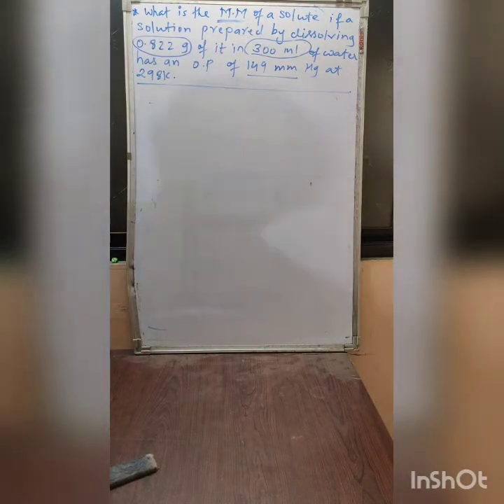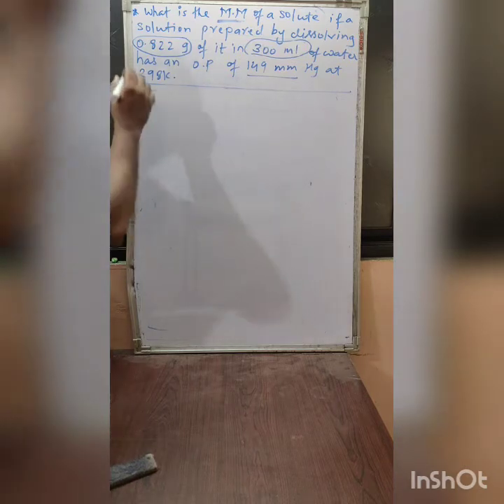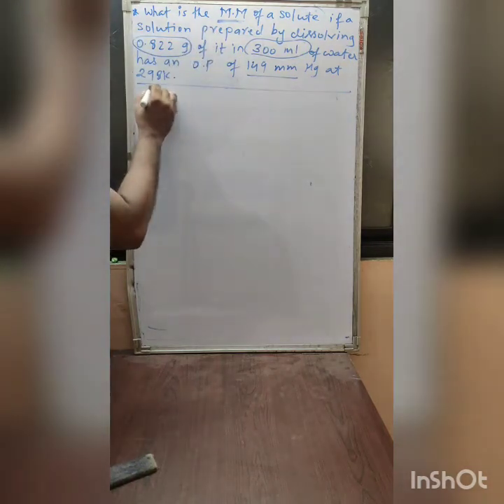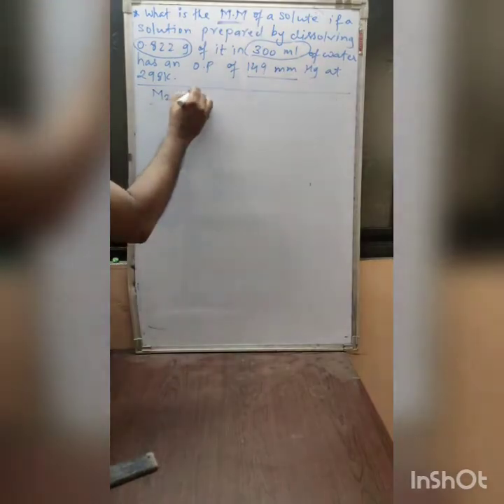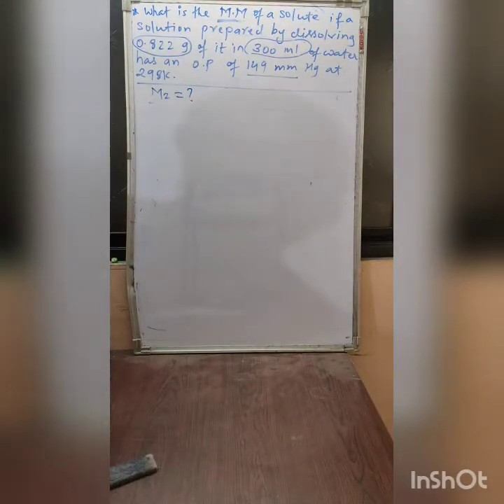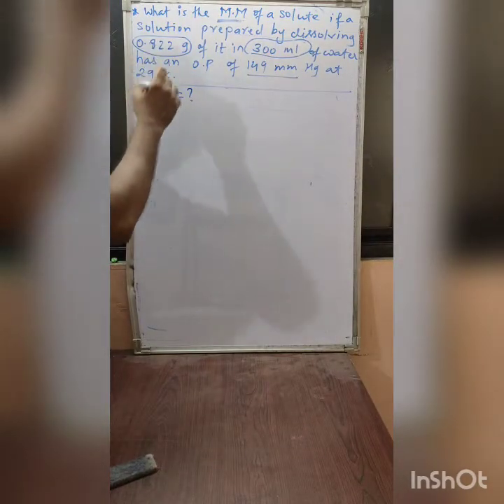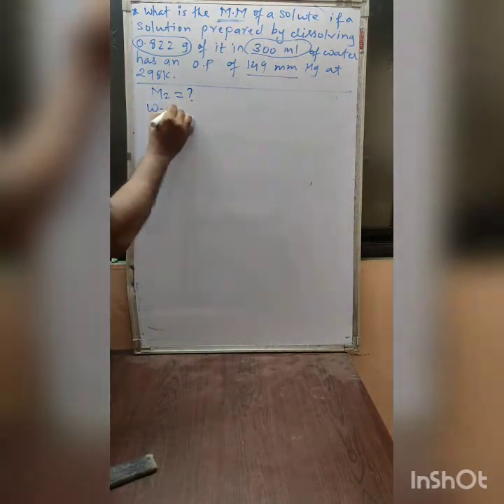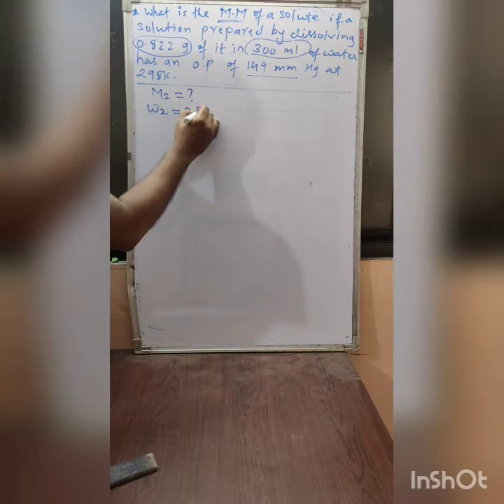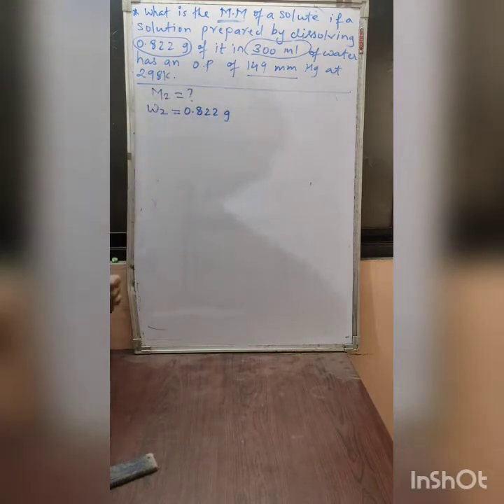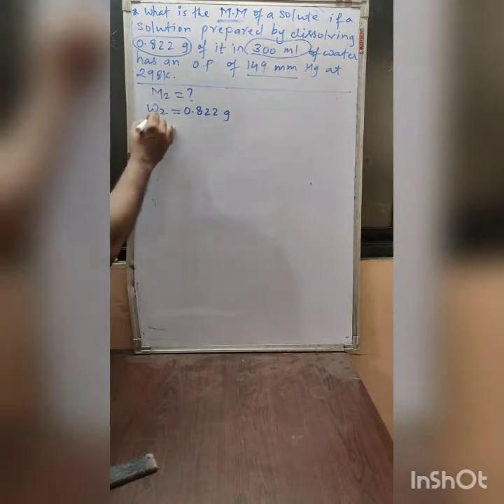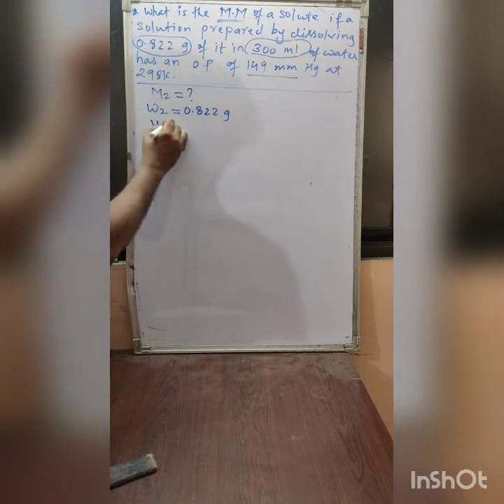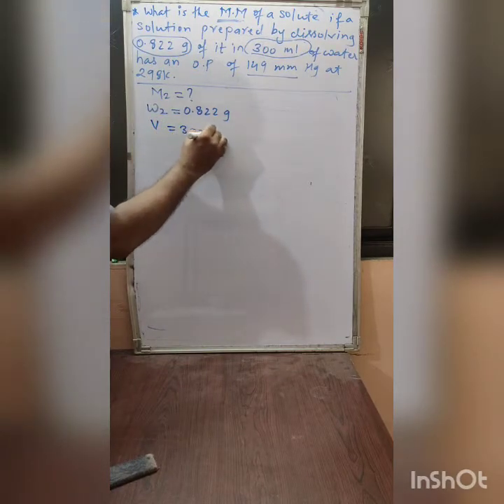So the question asks for the molar mass of the solid, which means we have to find M2. The solution is prepared by dissolving 0.822 gram of solid in a volume of 300 ml.